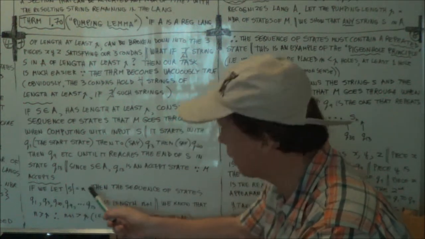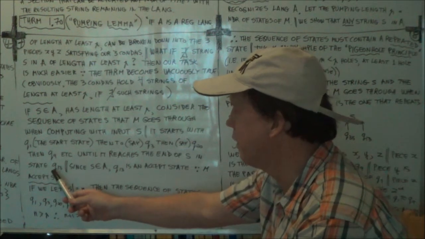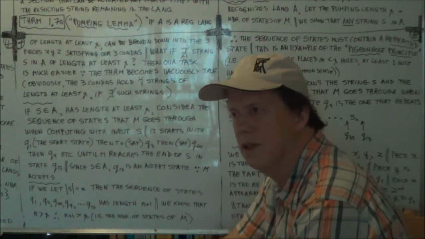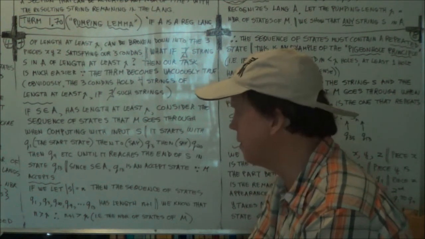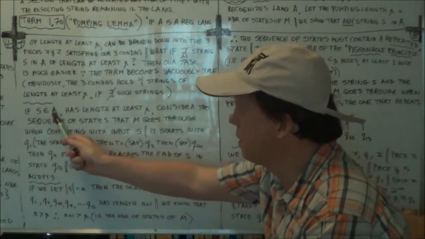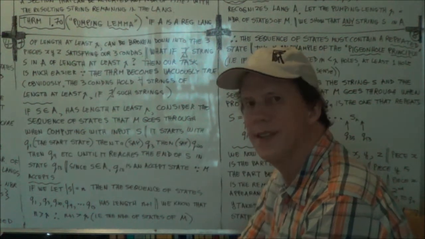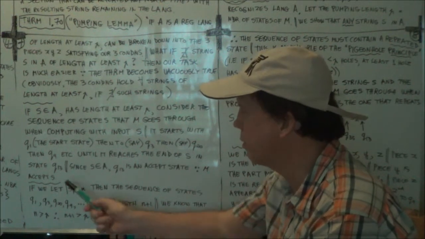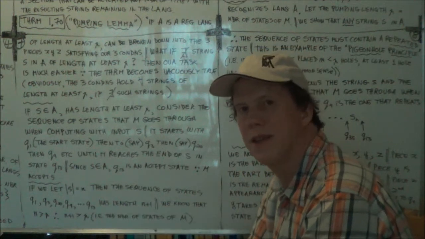So let's say the final state that it's left in after finishing reading the input string S is Q13, and since S belongs to A, this string gets accepted by the machine M. Okay, so in other words, Q13, the final state, has to be an accept state.